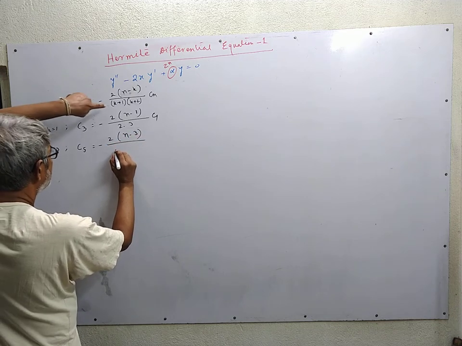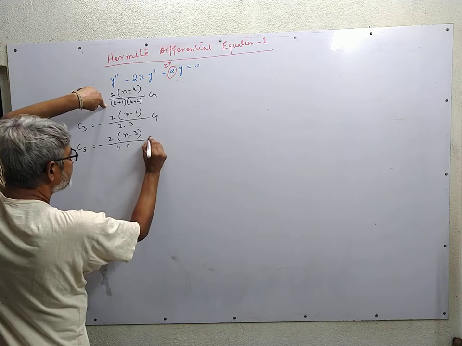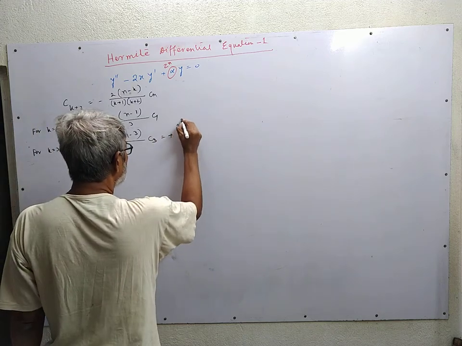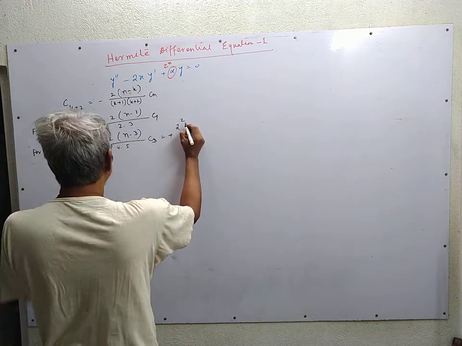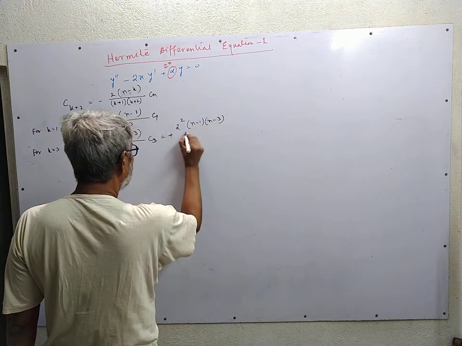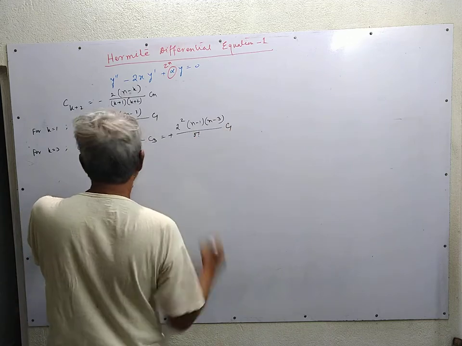Then this is k is equal to 3, so this is 4 into 5, C3, so this is plus 2 square. Then n minus 1 and minus 3, then 5 factorial C1.